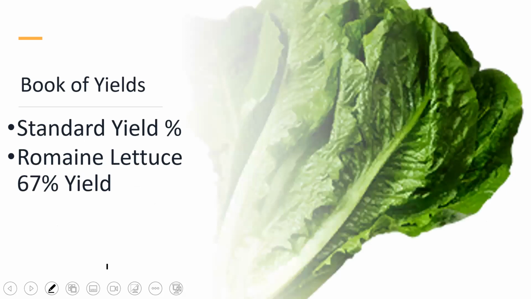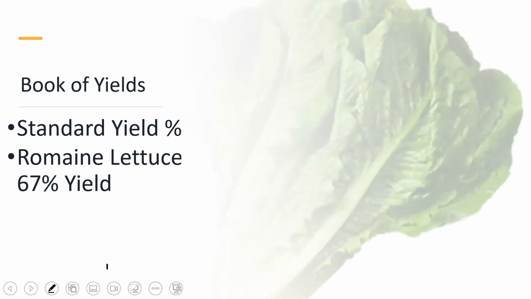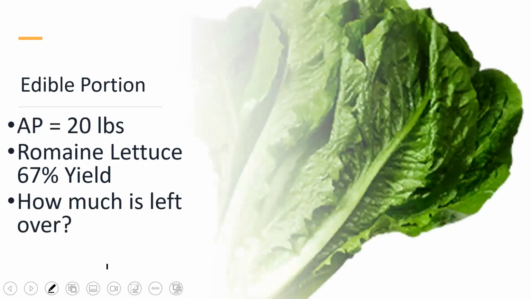Now, one resource that you can use is called the Book of Yields. The Book of Yields essentially gives the standard yield percentage for almost any ingredient that we utilize in the kitchen. In this case, I looked it up, and romaine lettuce has a 67% yield, which means after we've chopped off the core, after we maybe have gotten rid of any brown leaves, traditionally our standard is that 67% of that product is going to remain.